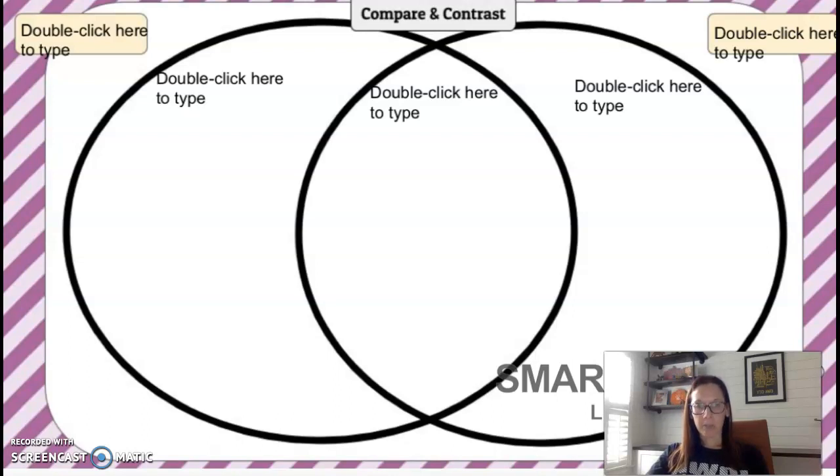In the middle, obviously, you're going to be doing what was the same or what was similar, okay? So I would like 2 thoughts or 2 phrases, or you could even do 2 complete sentences in each bubble. So that would mean 2 for Each Kindness, 2 for the same, and 2 for Fly Away Home. So there should be a total of 6.